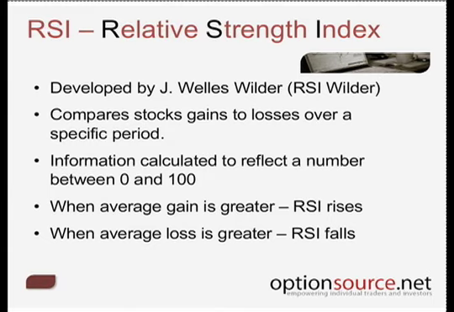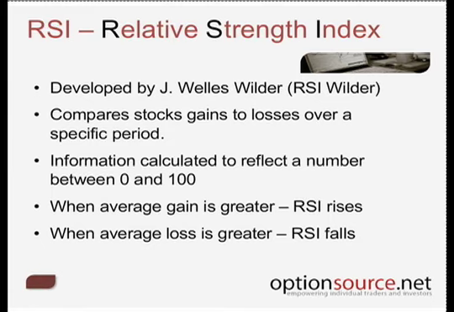And what happens is the information is calculated to reflect a number between 0 and 100. When the gains are greater than the losses over a certain period of time, you'll see the relative strength index rise. And of course, when the average loss is greater than the average gains on a particular time frame, you'll see the RSI falling.